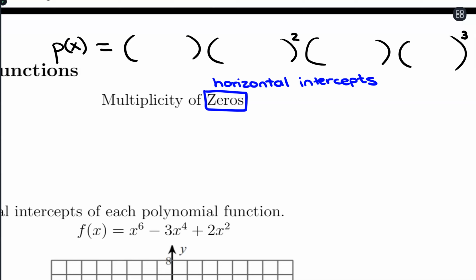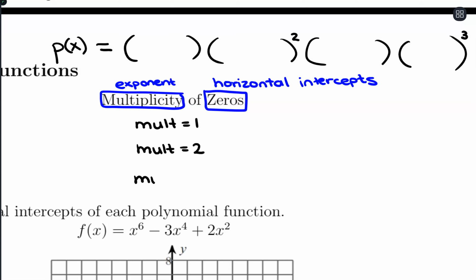The multiplicity means the exponent. So when we have this factored form, we're evaluating the exponent on those sets of parentheses. So let's talk about what happens when we have a multiplicity of 1, a multiplicity of 2, and a multiplicity of 3.